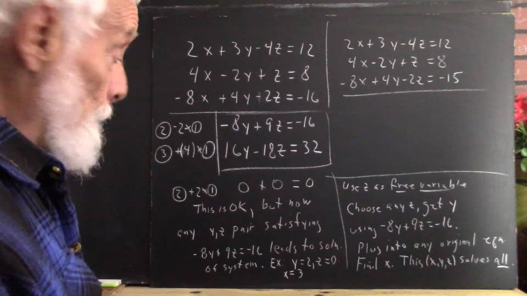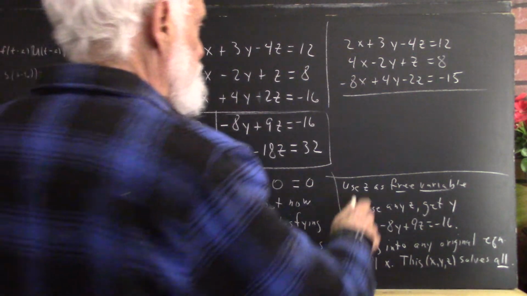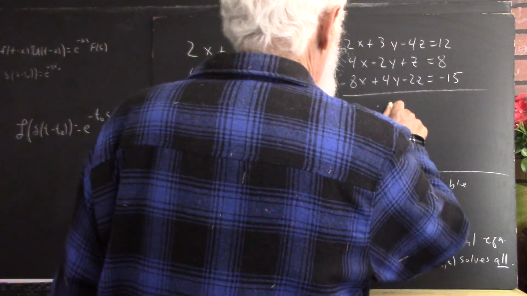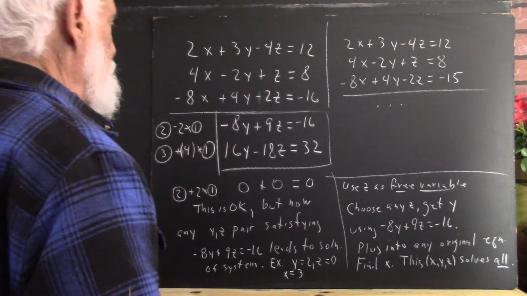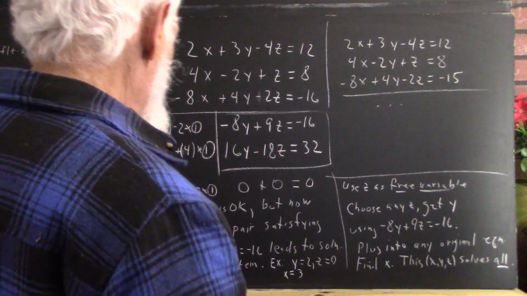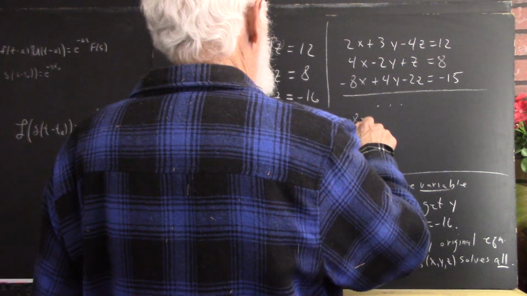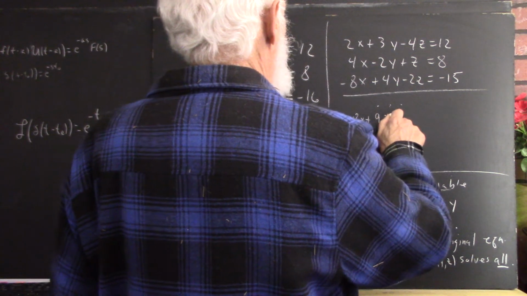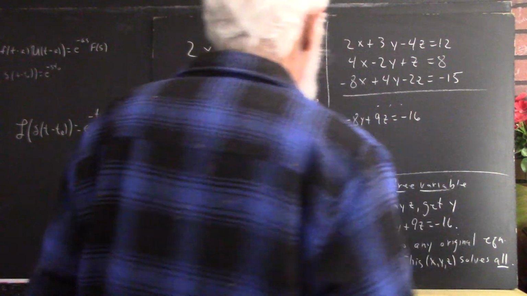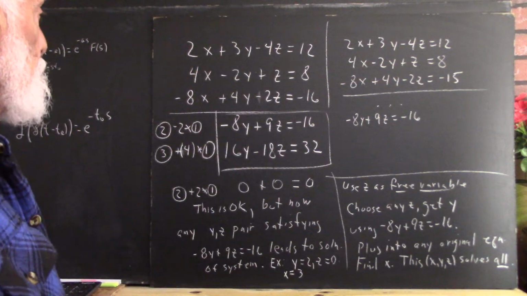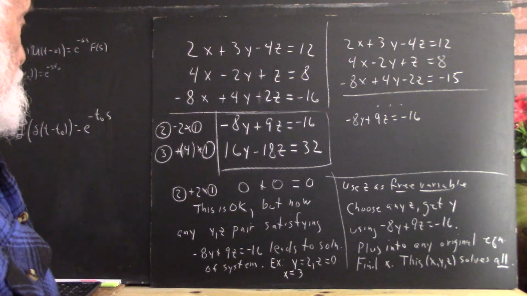If we do that, I'll just put 3 dots here to indicate we do a couple of steps, and we end up with negative 8y plus 9z equals negative 16.